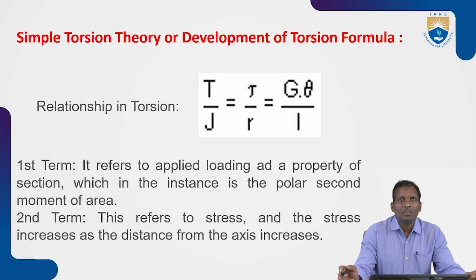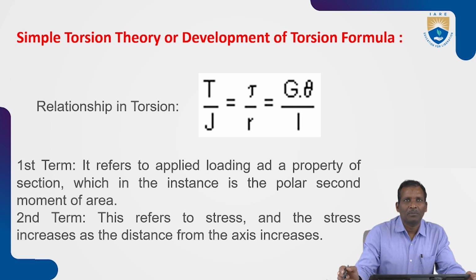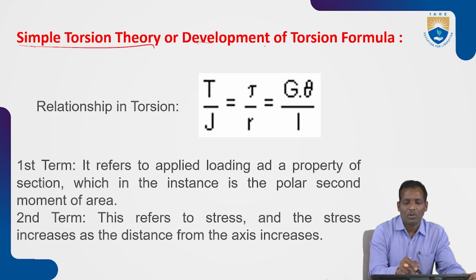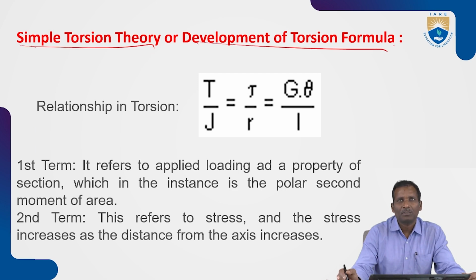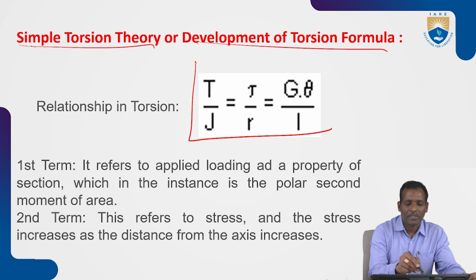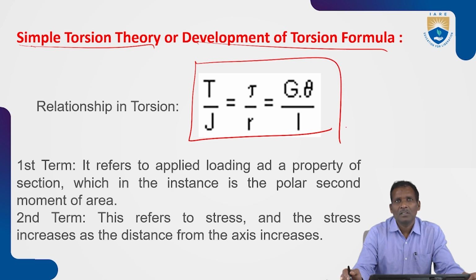Next one is the relationship in the torsion theory, in simple torsion theory or the development of the torsion formula. Very important, this torsion equation. What is the torsion equation? Write down the torsion equation, because they will ask this in the examination.